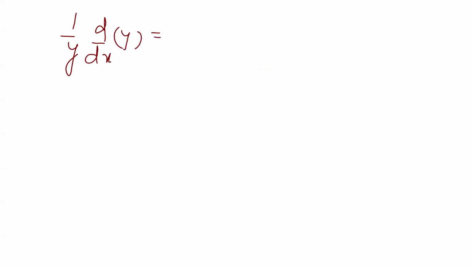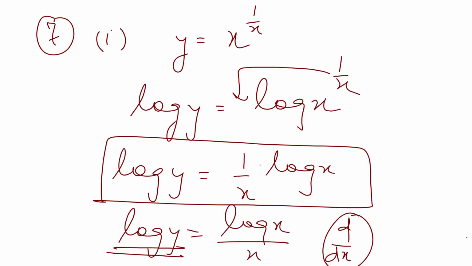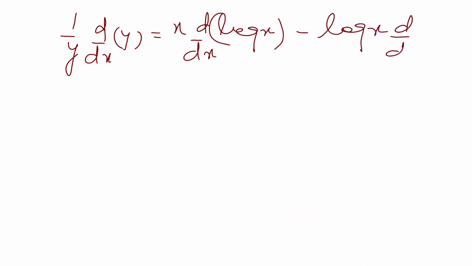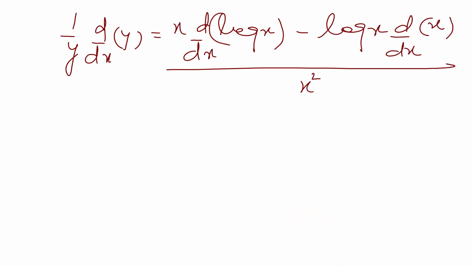Right hand side, just apply quotient rule on log x upon x, u upon v: v derivative of u minus u derivative of v upon v square.